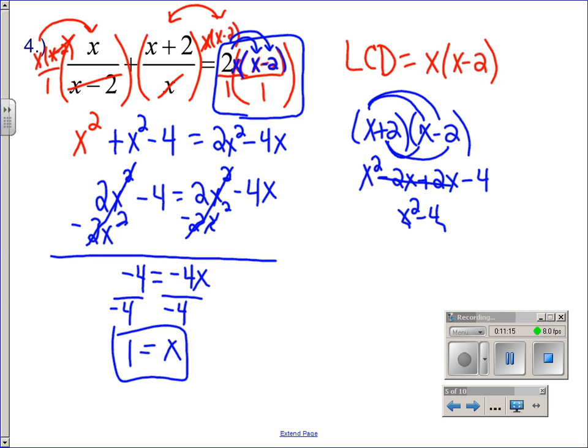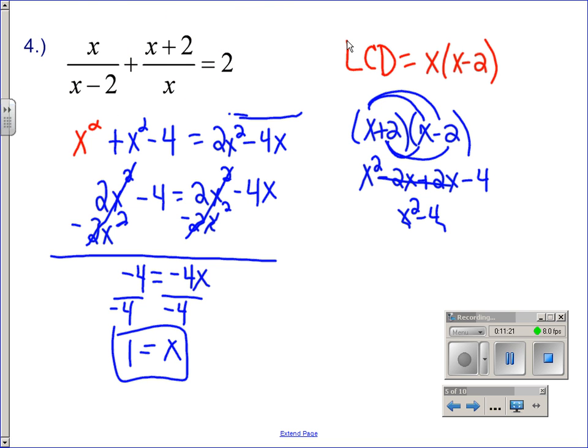Now, looking back at the top, the original fraction, if I use 1 where x is, so if I put a 1 here or a 1 here, do any of the fractions become undefined? No, so x equals 1 can be our answer. All right, last problem.